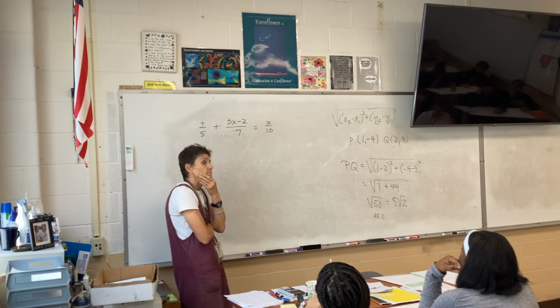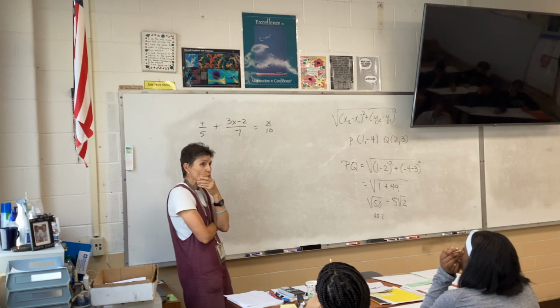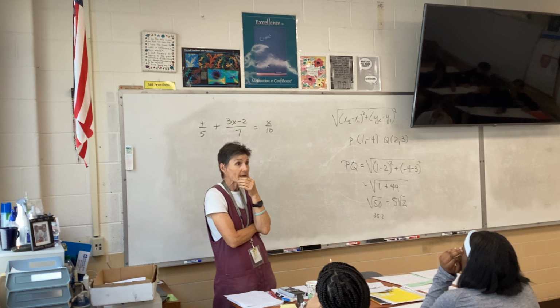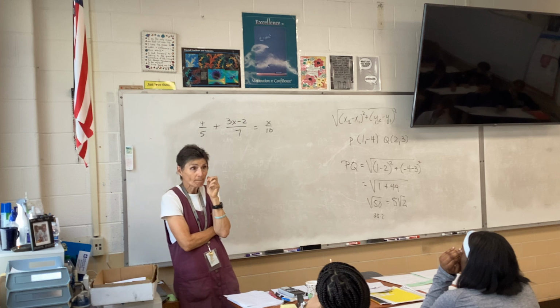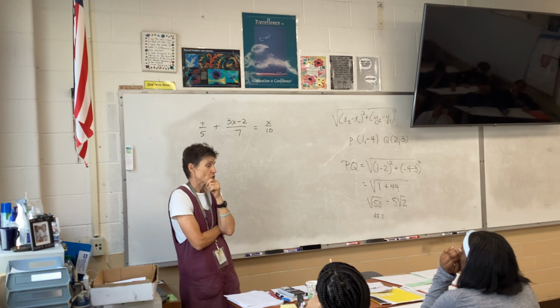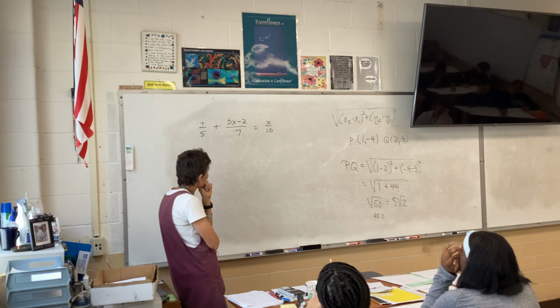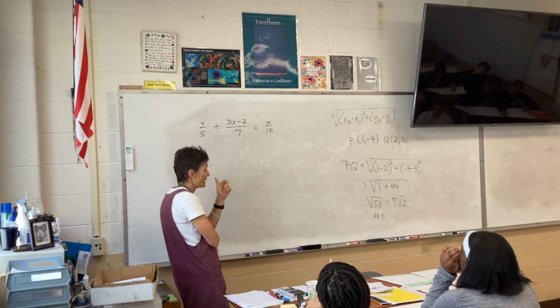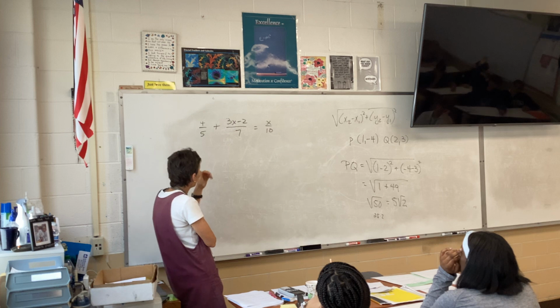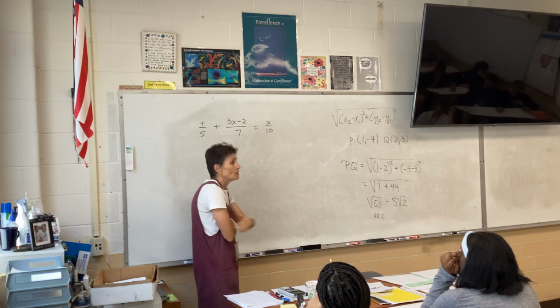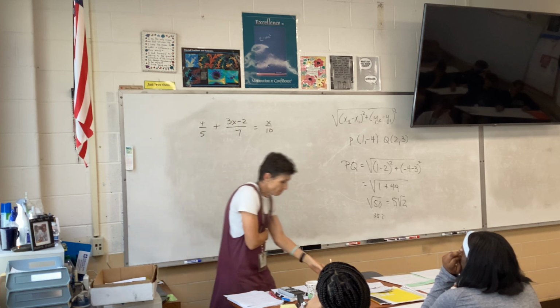Found the common denominator. Because if you can make all the denominators the same, you can lose them, and then you don't have a fraction to mess with anymore. So what would be a common denominator for those? It doesn't have to be any particular number.